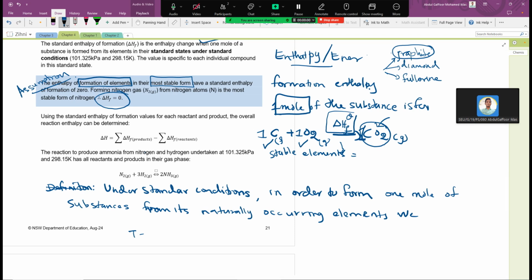So can you just write down the definition in sentence format here? The amount of energy required to form a mole of a substance from its naturally occurring elements under standard conditions.